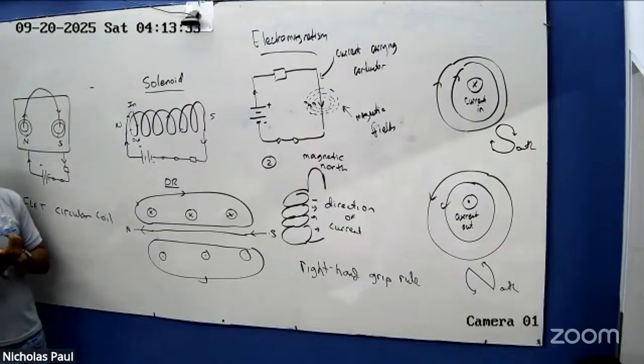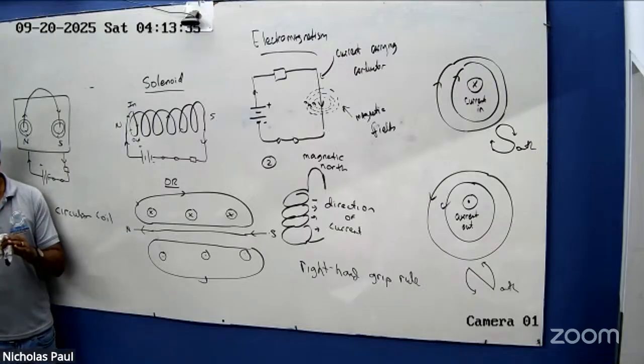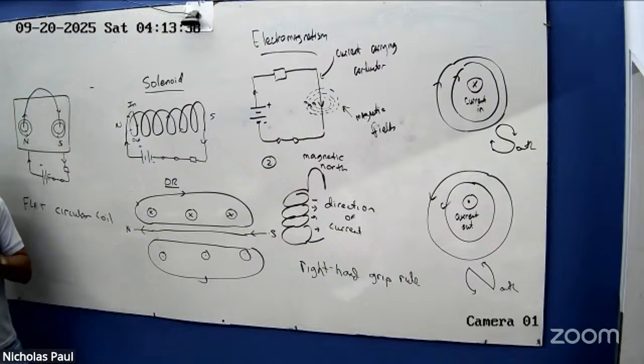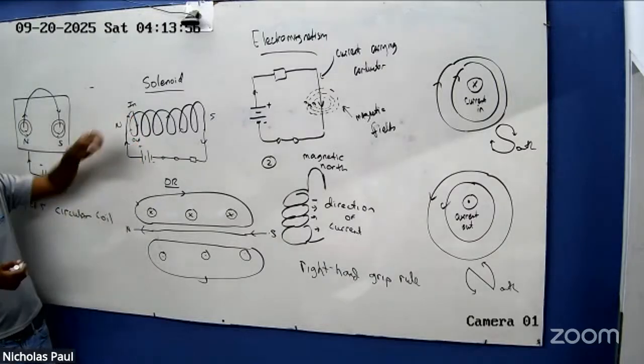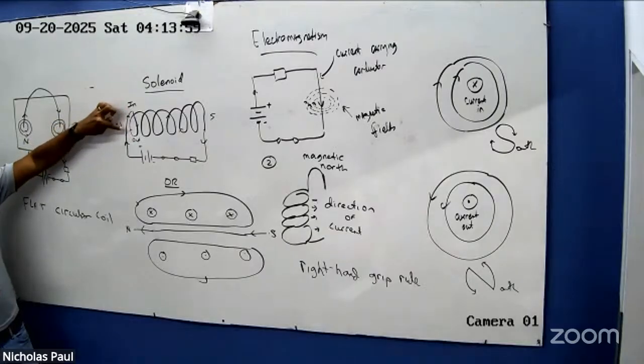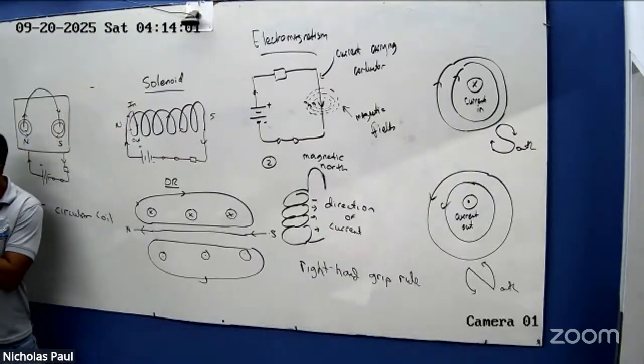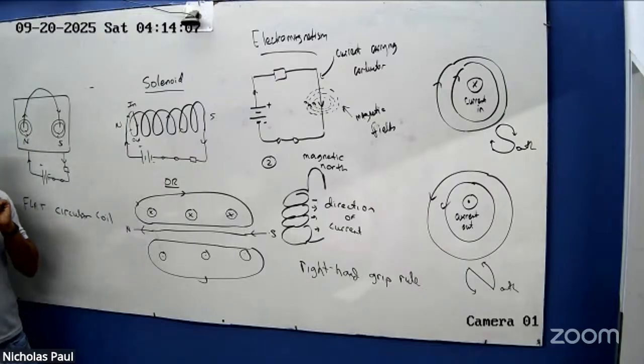The right-hand grip rule can be used twice. For a straight conductor: current direction, magnetic field. For a solenoid: current direction, magnetic north. You're focusing on how these fingers point. Current goes in at the top and comes out at the bottom. So your fingers have to behave like that, going into the whiteboard and coming out, and your thumb will tell you where the north is.